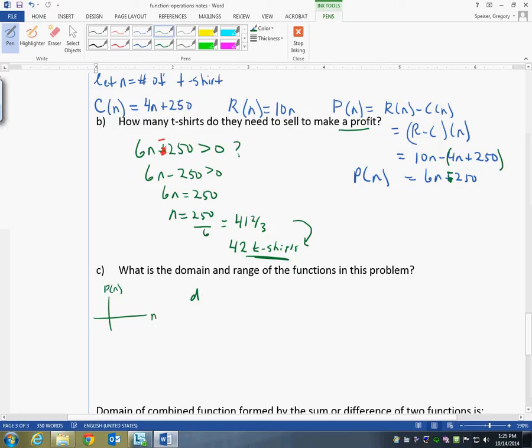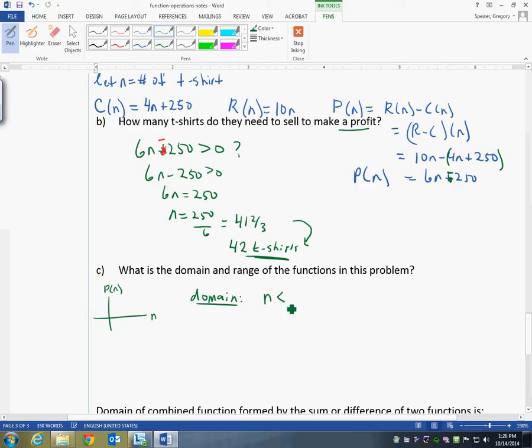So for a domain, first of all, you can't have a negative number of t-shirts. Could you make 0 t-shirts? Yeah, I don't know. Well, I think you'd have to actually have at least one t-shirt to be saying that you're selling t-shirts. Wouldn't you say so? I guess you could say I'm selling t-shirts, I didn't sell a single one. I don't know. So there is an argument to be made.